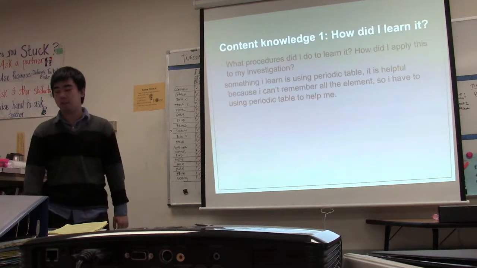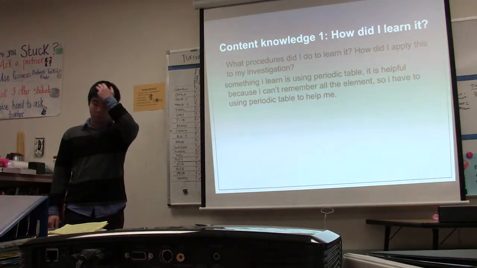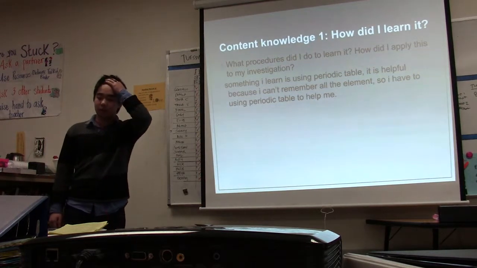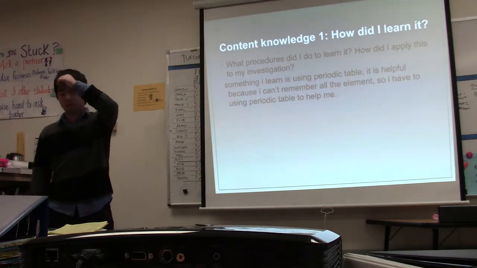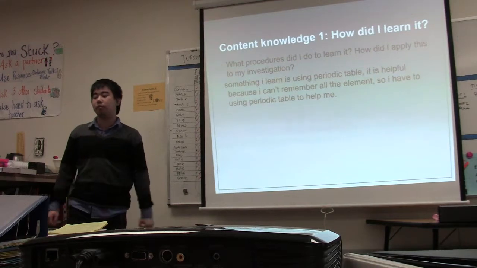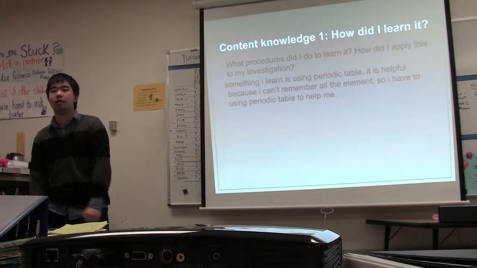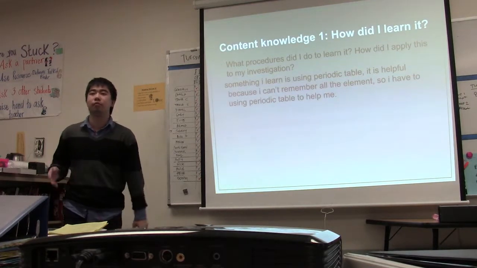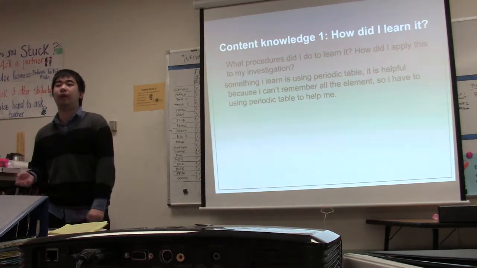What I learned in the chemistry class is that using the periodic table is helpful, because I can't remember all the elements. So I have to use the table to help me find the element.